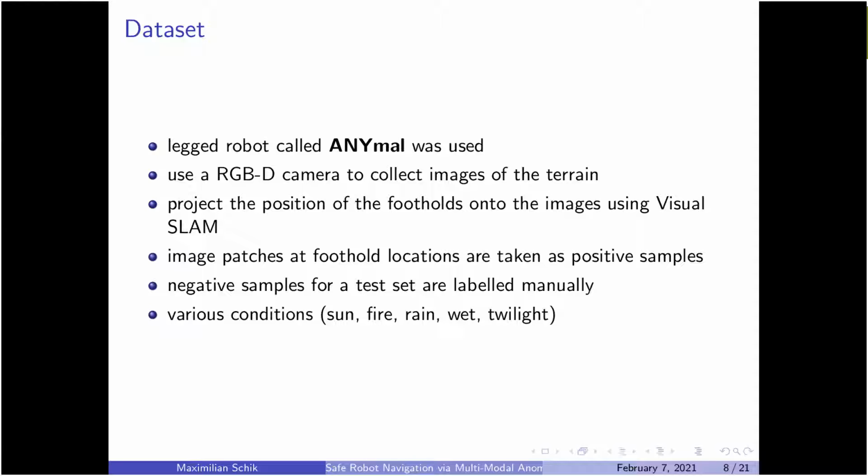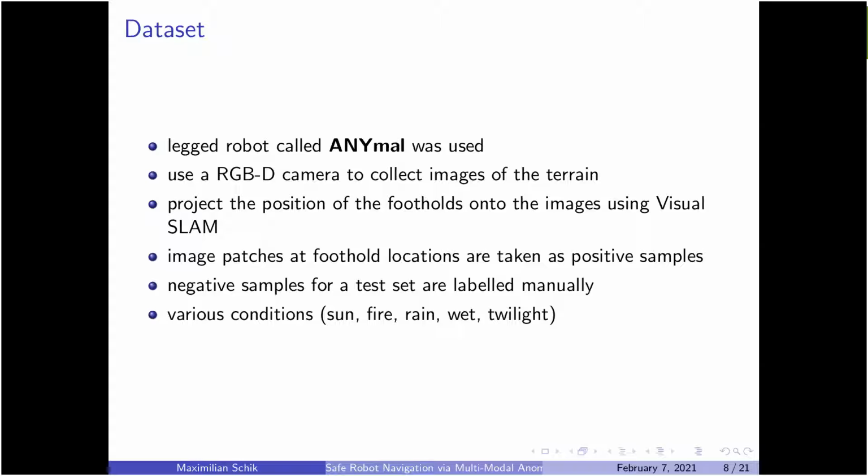SLAM is an algorithm to create a map and localize the robot inside the map at the same time. So when we let the robot walk through the terrain, we project the position where its legs touch the ground onto the images. And then we can take the patches where the legs touch the ground and use those as positive samples for our data set.